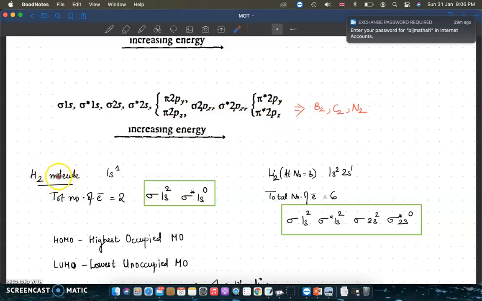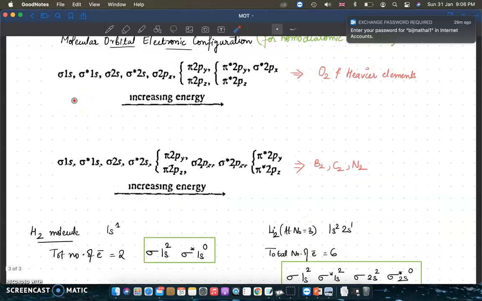So if you write the electronic configuration for the H2 molecule, we know the atomic number of the H atom is 1, and the corresponding electronic configuration is 1s1. So in an H2 molecule there would be a total of 2 electrons present. When we write the electronic configuration, we write the usual form, that is sigma 1s.